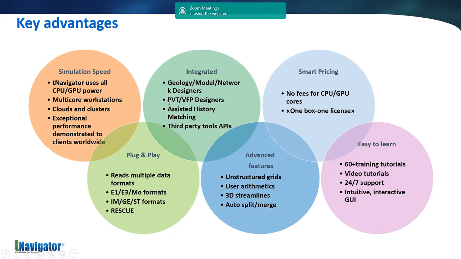In addition to that, we have a module that allows you to model your fluid, so your PVT modeling, and a module that allows you to prepare your flow performance tables. We have unique tools for assisted history matching, uncertainty analysis, and production optimization. So this is one of the main advantages of To Tnavigator.